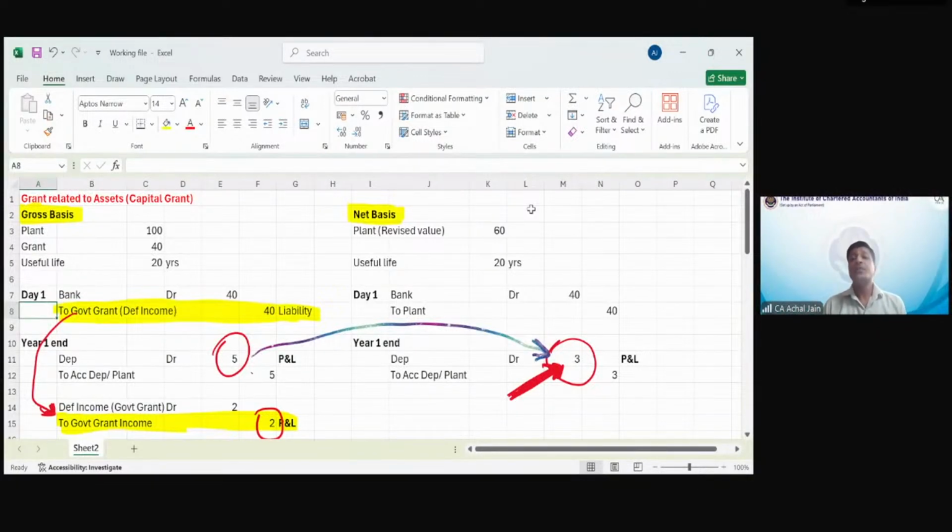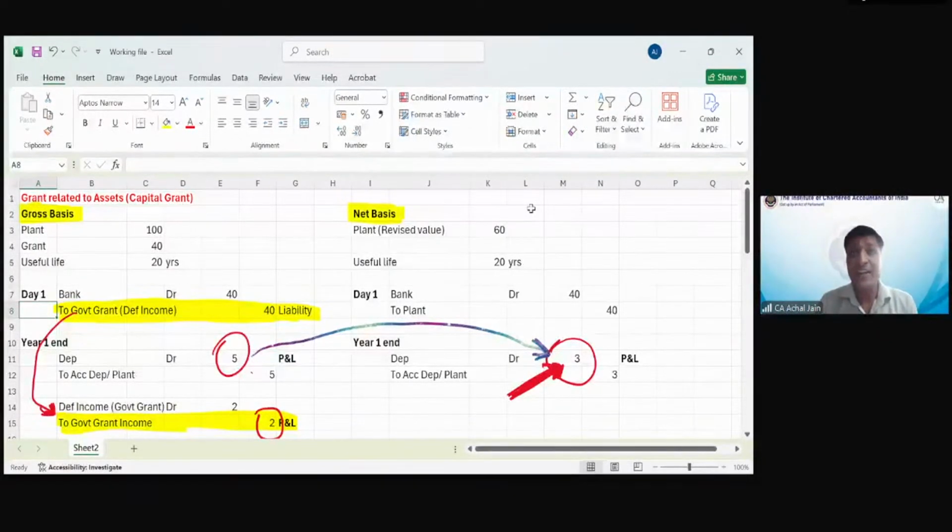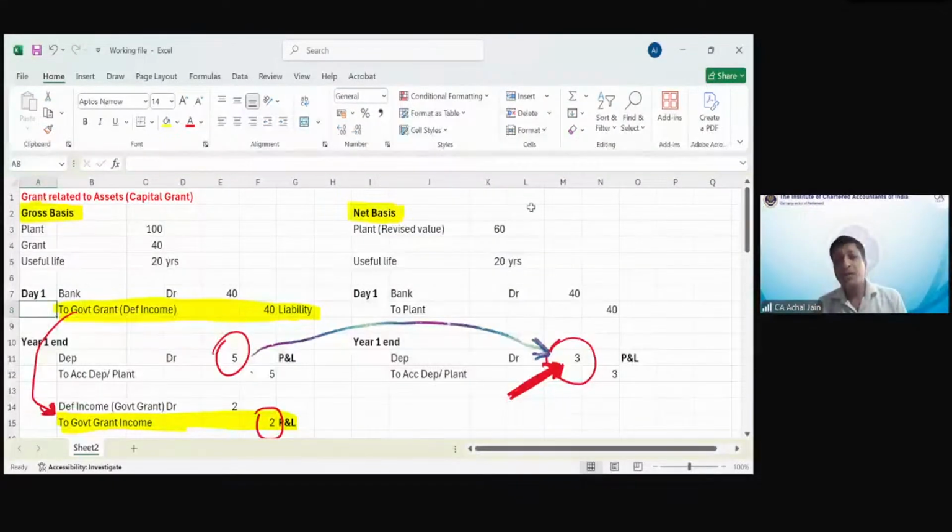But what if initially entity thought it will be able to comply with the conditions and thereby recorded the grant income, but later on the entity was not able to fulfill those conditions? So government will ask for the money back. Yes or no? So government will say, please refund my money. Okay. So in that case, what do you do? That is what you call as refund of government grant.